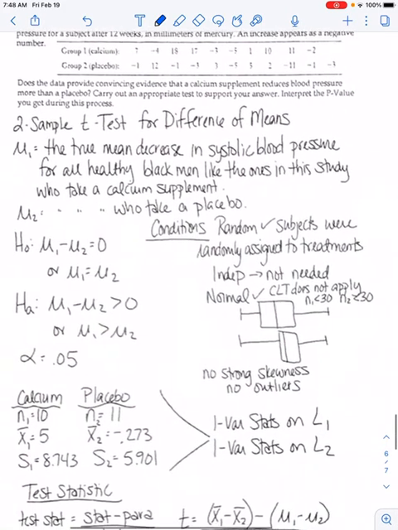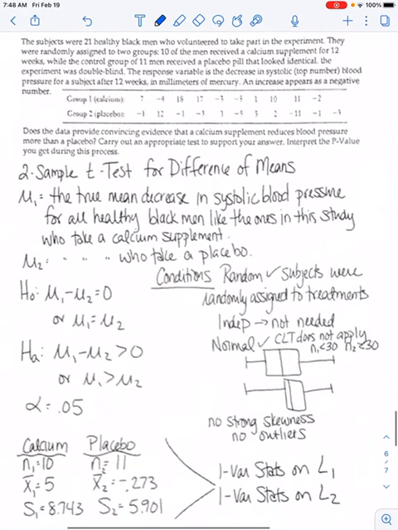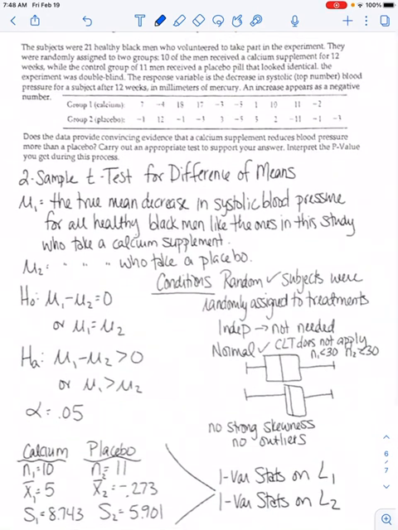Now, my alternate is going to be mu sub 1 minus mu sub 2, so that's calcium minus placebo. And I'm looking for that to be a positive difference, because an increase appears as a negative number. So I'm expecting mu sub 1 to be bigger. And my alpha was 0.05.